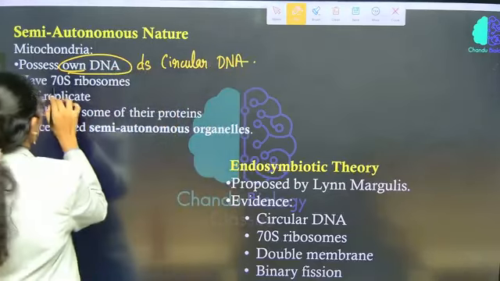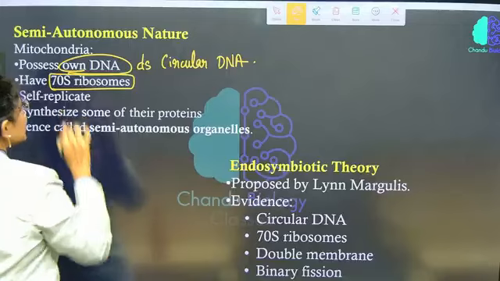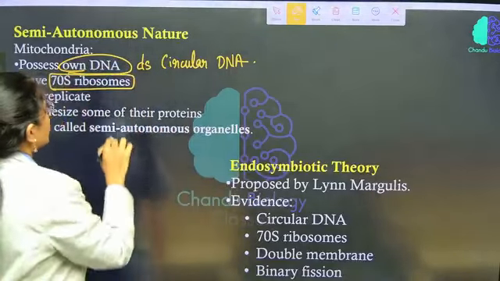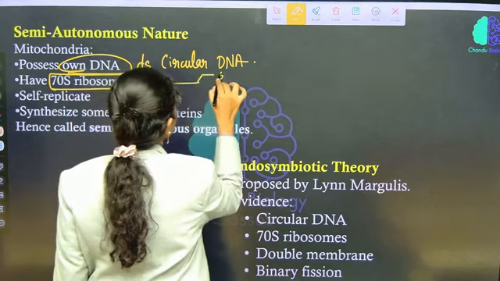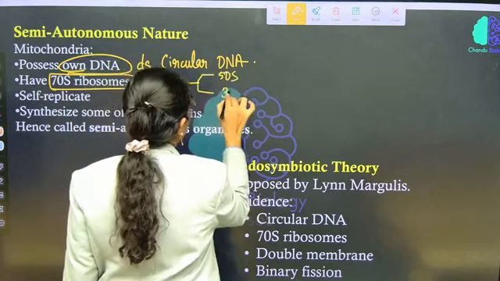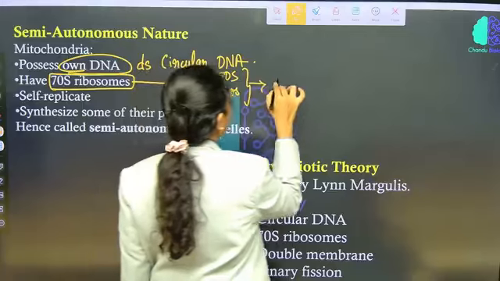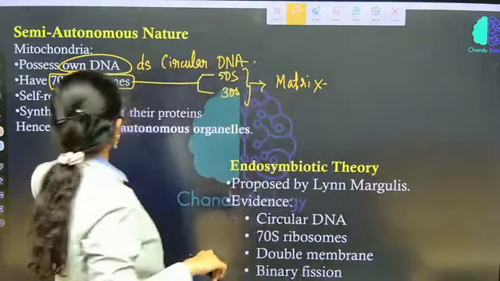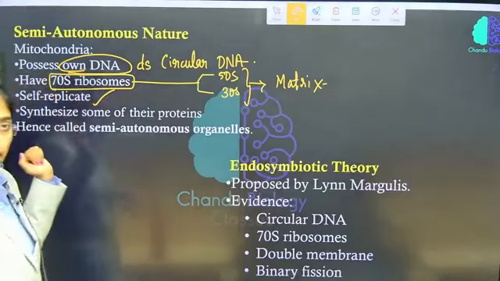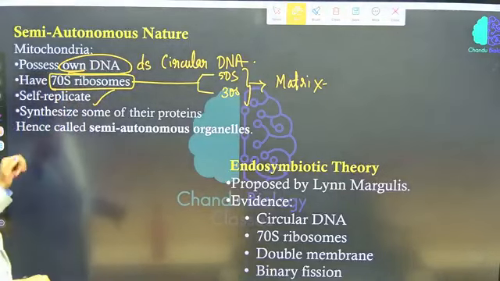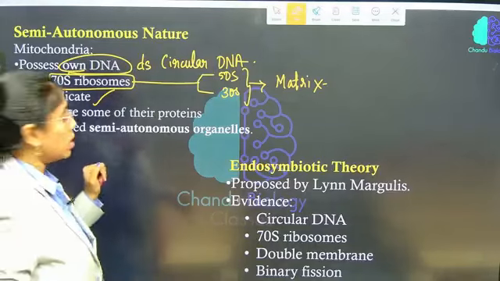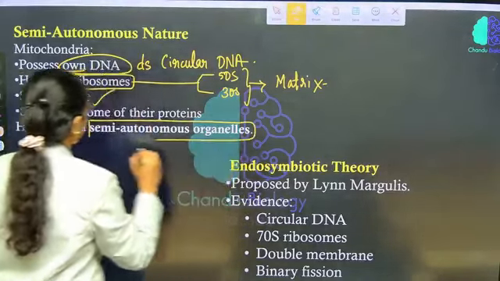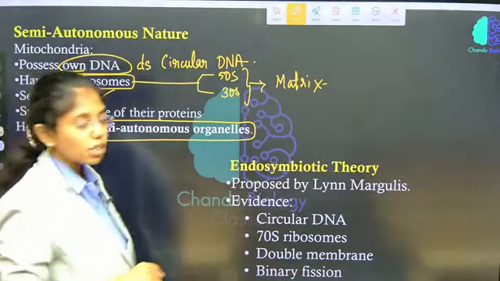And it has what type of ribosomes? 70S ribosomes, same as those of a prokaryotic cell, whose larger subunit is 50S and smaller subunit is 30S, which is present inside the matrix of mitochondria. They can self-replicate, that is why they are known as semi-autonomous or self-replicating organelles. They synthesize some of their proteins and hence they are called semi-autonomous organelles.